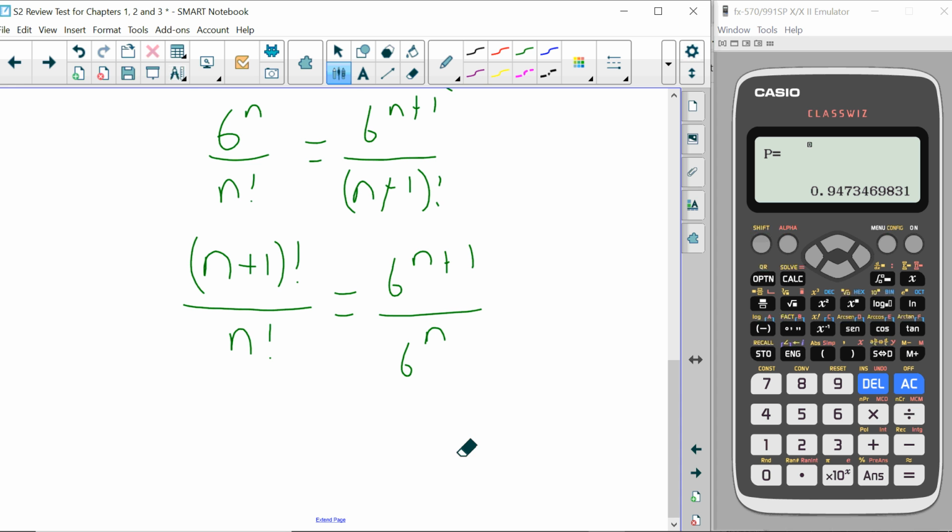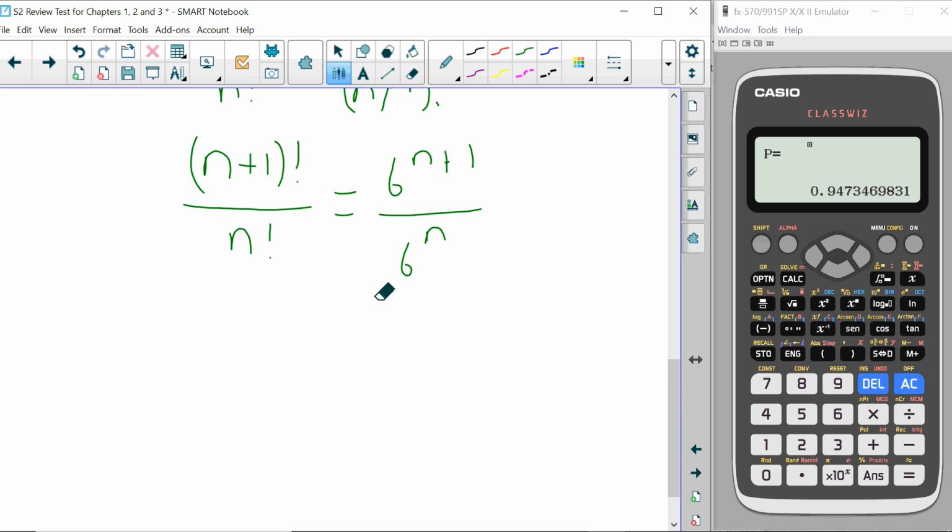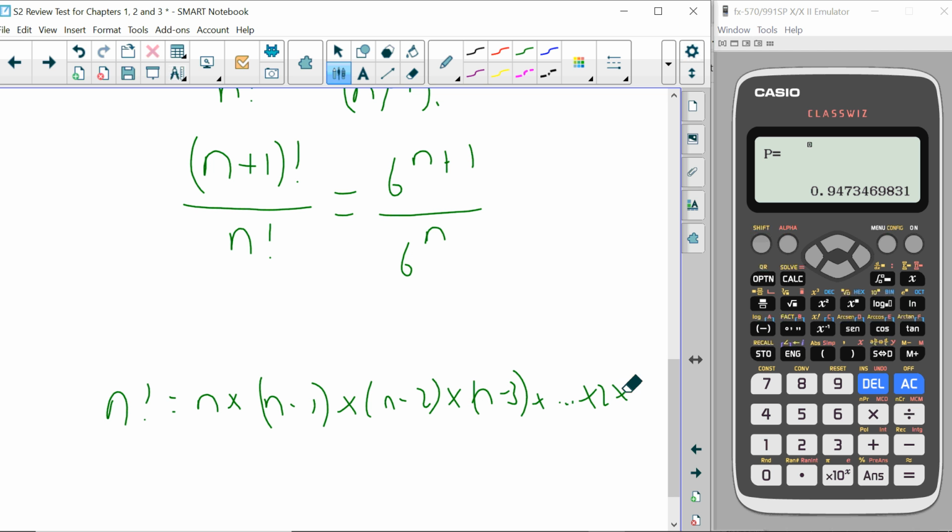Now we can think about what each of these actually become. Now this involves a little bit of pure maths thinking. Remember that n factorial is the same as n multiplied by n minus 1 times by n minus 2 times by n minus 3 times by dot dot dot, all down to 3 times 2 times 1.